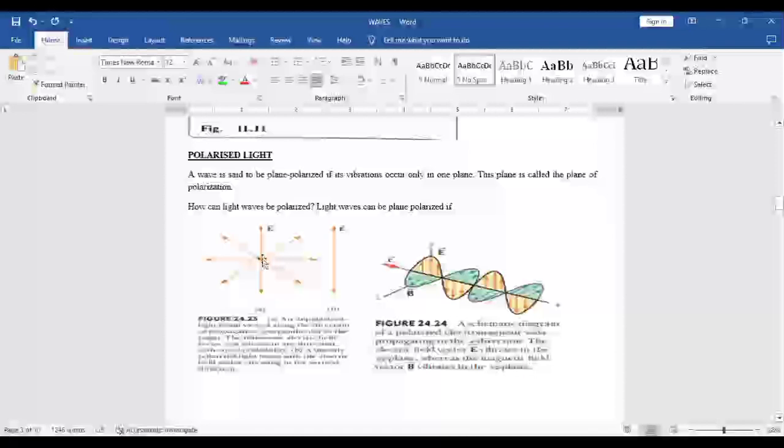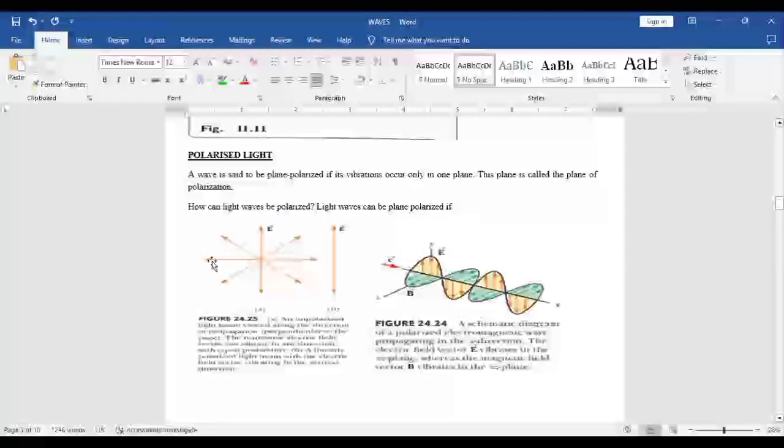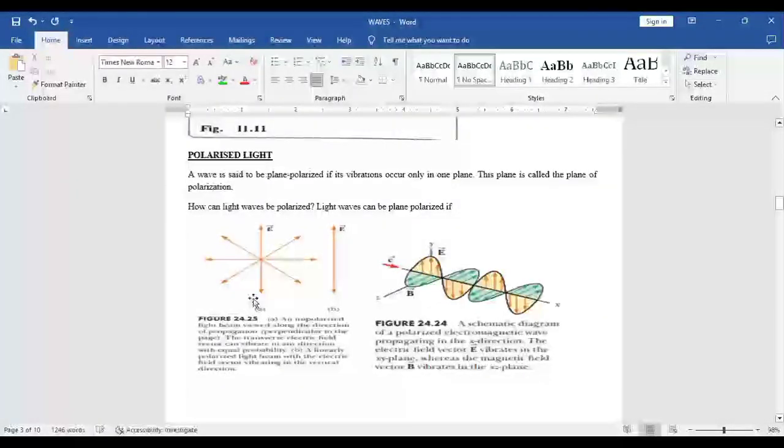You now see this is an unpolarized light traveling in all directions. And the B here shows that that light has been polarized. Of course, you know light is a wave. It has been polarized, so it is now made to travel only in one plane.